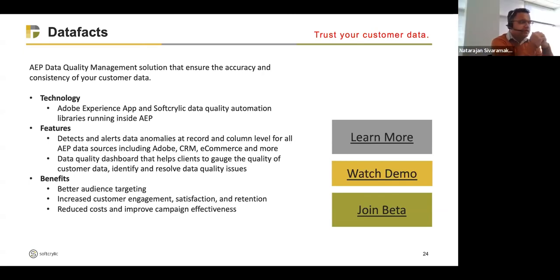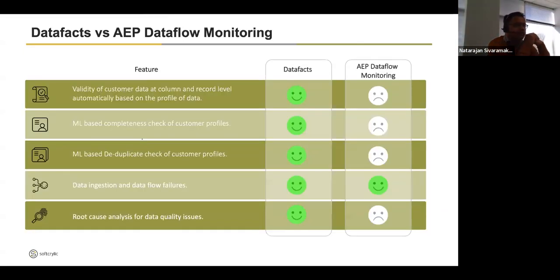Next slide. Yep. So these are some of the benefits of using Datafax. Obviously, it goes beyond data consistency checks. It helps you understand your profile completeness. It uses machine learning models to validate your data for anomalies.